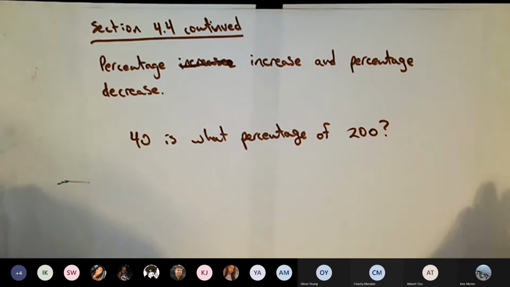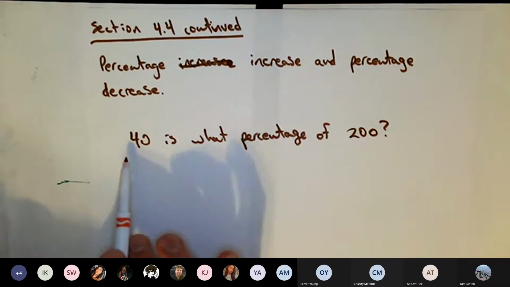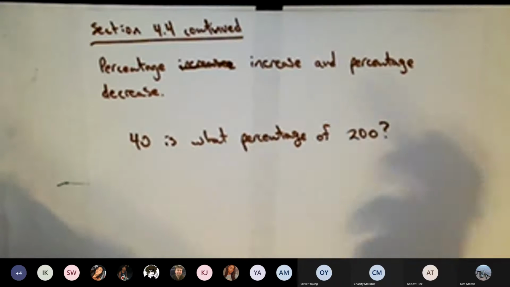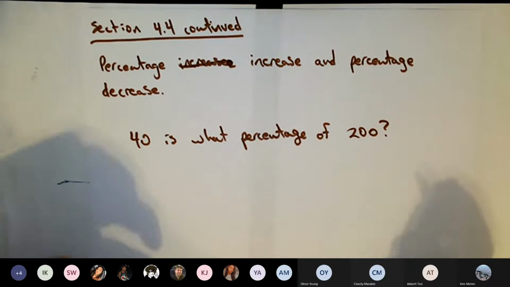So if we had a question like this, then we've got some amount and some base, and then some percentage that is a relationship between the two. Either I take the percentage and I multiply it by this number and yield this number, or vice versa, right? And we have to figure out which relationship is correct.